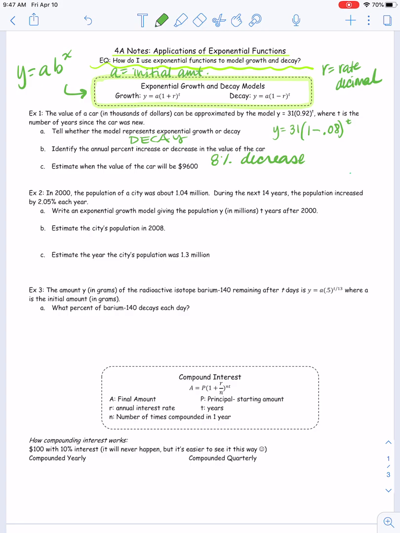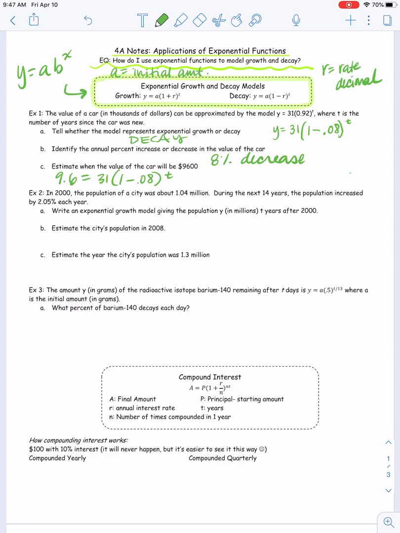For the third part, it says estimate when the value of the car will be $9,600. Well, that would be our y value. So essentially we're saying 9.6 equals 31 times 1 minus 0.08 raised to the t power. Maybe you're thinking, why did you put 9.6?